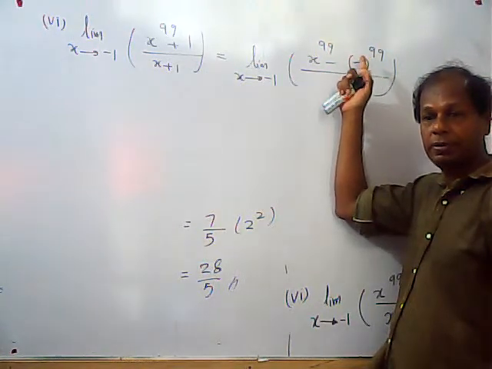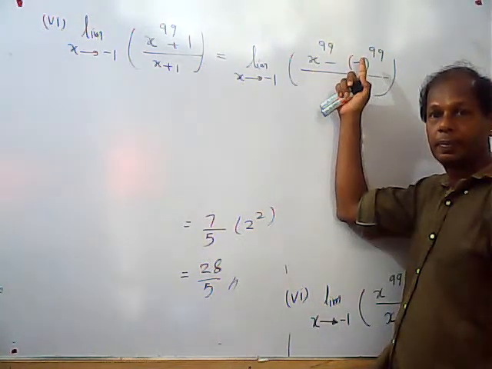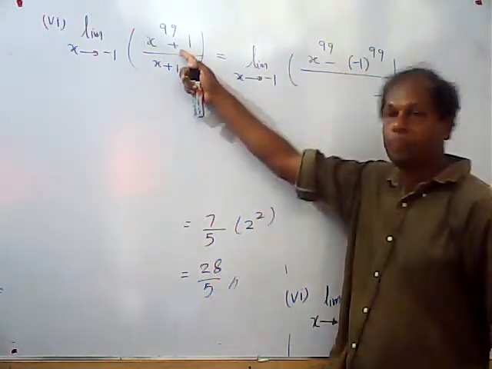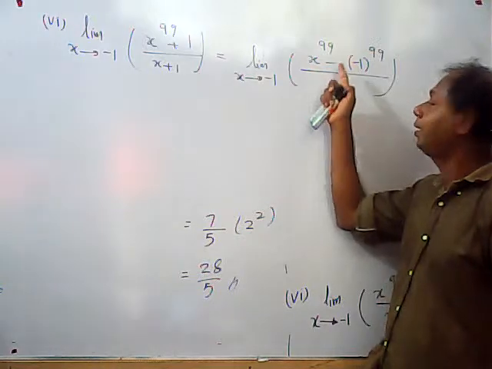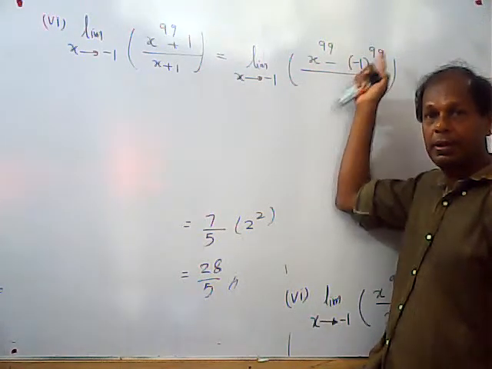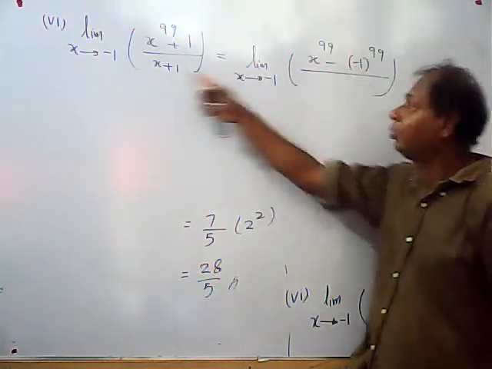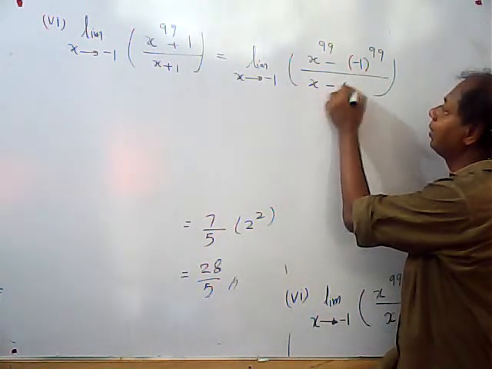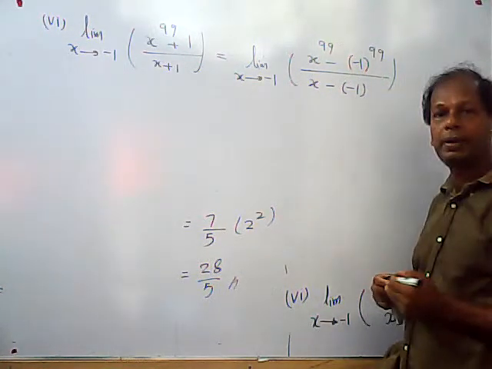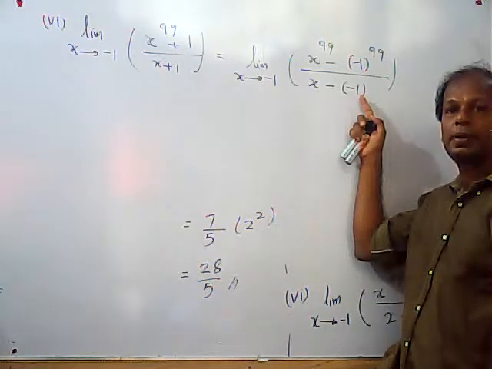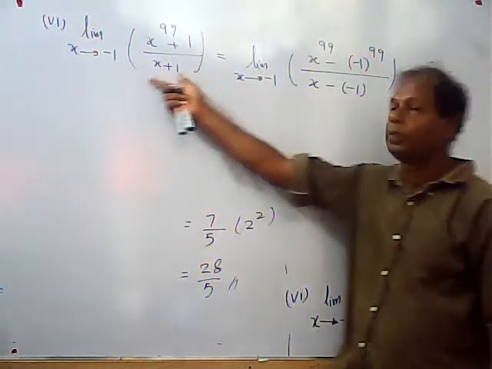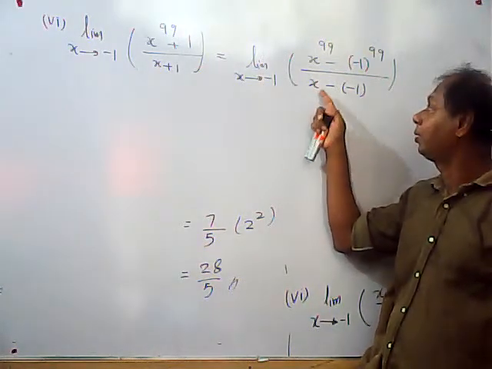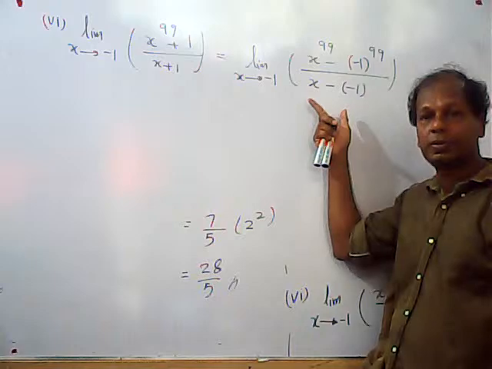Is it correct to write so? Plus 1 can be replaced by minus of minus 1 to the power 99. It's correct. In the denominator, you have x plus 1, but what we need is x minus a. So if I write x minus minus 1, is it correct? Can you replace this by this? So yes, you can, because x minus minus 1 is again x plus 1.